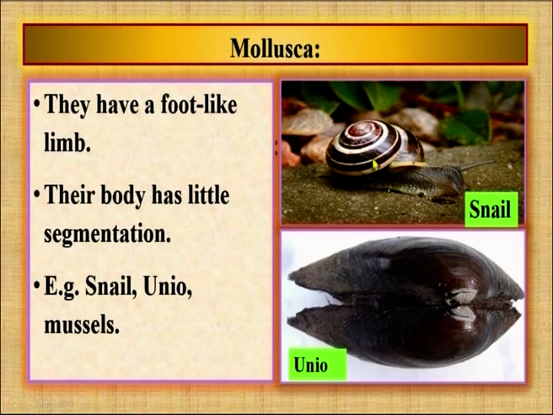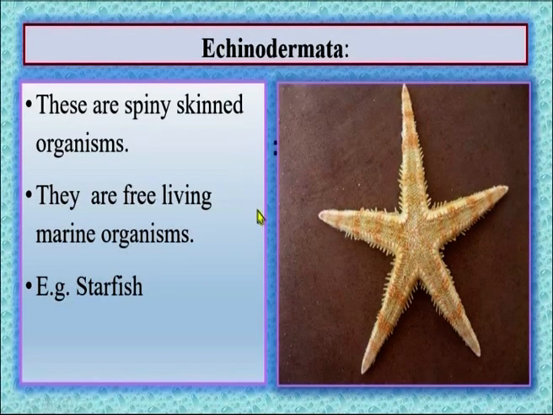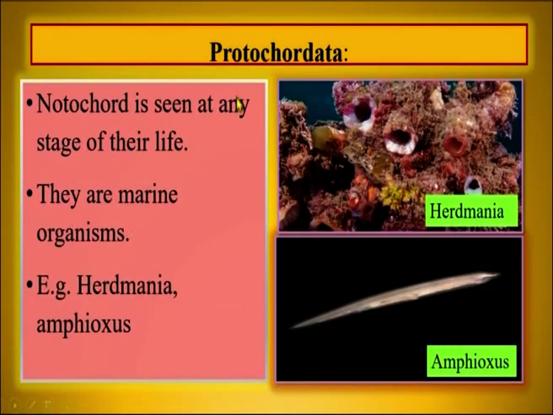Examples, snail and unio or mussels. Echinodermata, these are spiny skinned organisms. They are free living marine organisms. Example, starfish. Protochordata, in these organisms, notochord is seen at some stage of their life. They are marine organisms. Examples, Balanoglossus and Amphioxus.